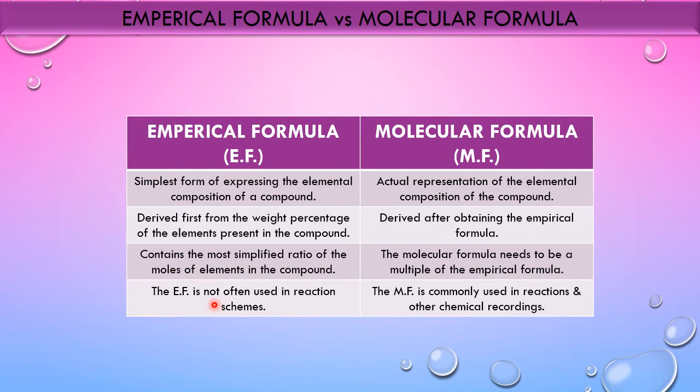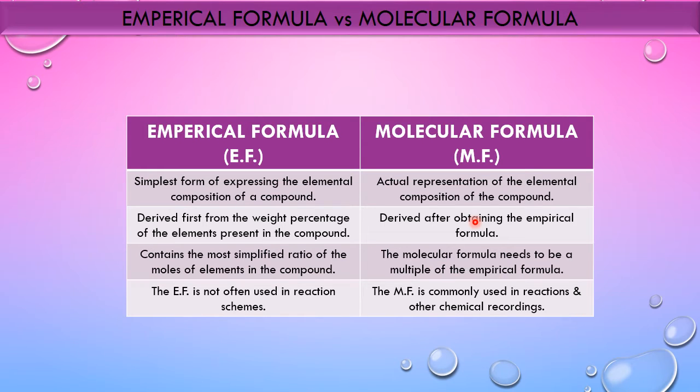Empirical formula is not often used in the reaction scheme, whereas molecular formula is the actual representation of the elemental composition. For example, the molecular formula of water is H2O, but the empirical formula is hydrogen and oxygen.